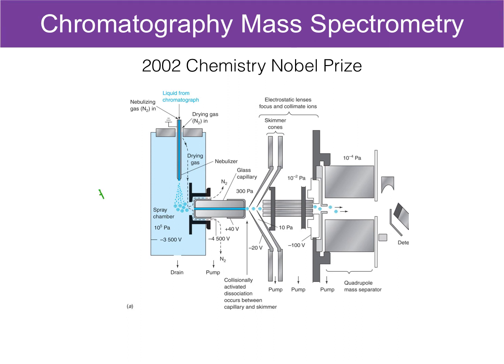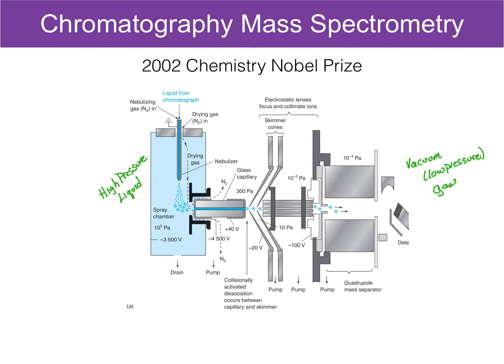is that we start with high pressure liquids, and in the mass spec part, we have vacuum, low pressure, gases.